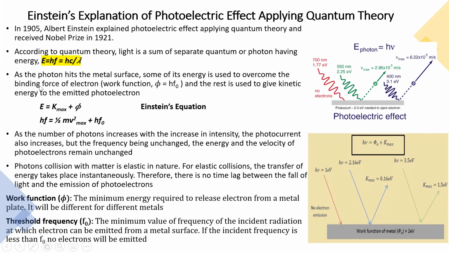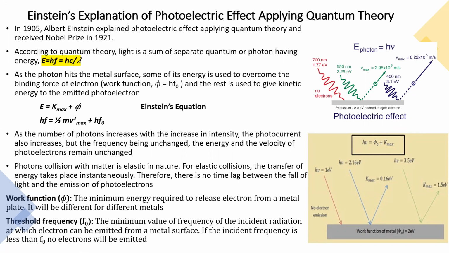So here again, see, this is the threshold frequency f naught. That is the minimum value of frequency, right? The threshold frequency will be different for different metals, because different metals will have different work functions because they are made of different atoms.